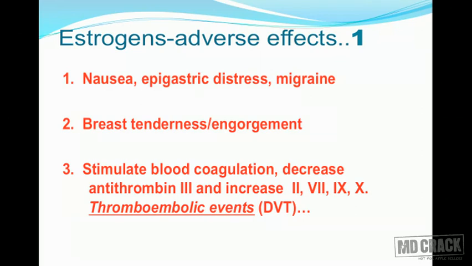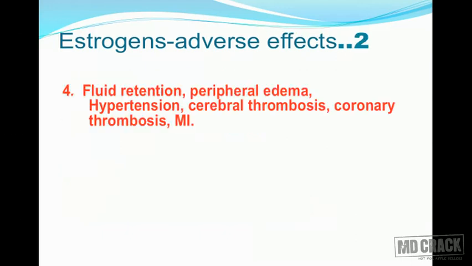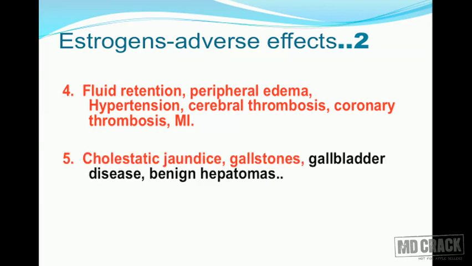This decreases antithrombin 3, increases the factors 2, 7, 9, 10, and this makes them susceptible to produce thromboembolic events, especially the deep vein thrombosis. They produce fluid retention, peripheral edema, hypertension, cerebral thrombosis, coronary thrombosis, and MI. There is more prevalence with the use of estrogens. Estrogens are lithogenic.